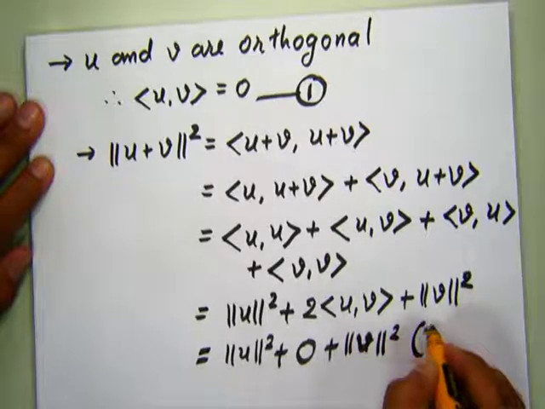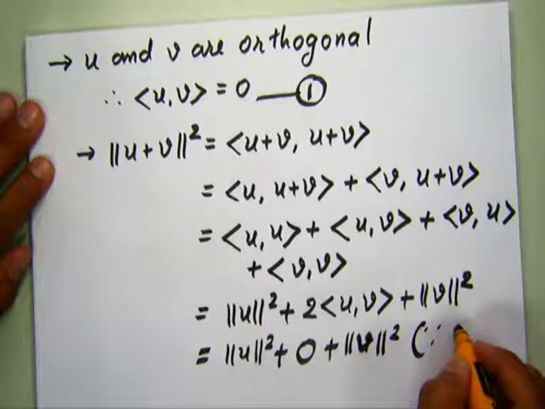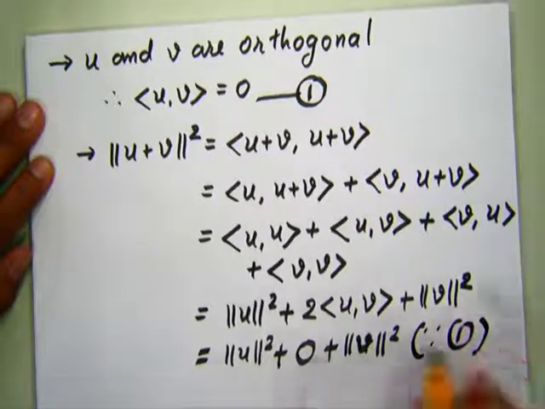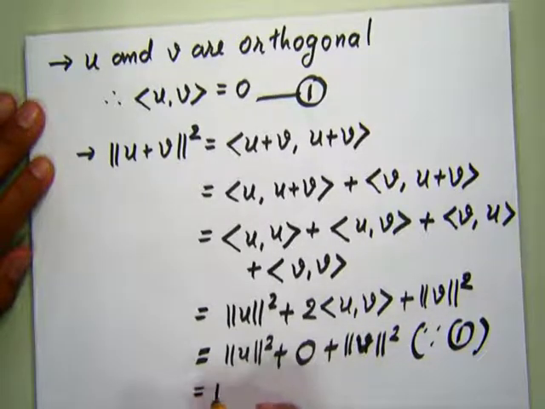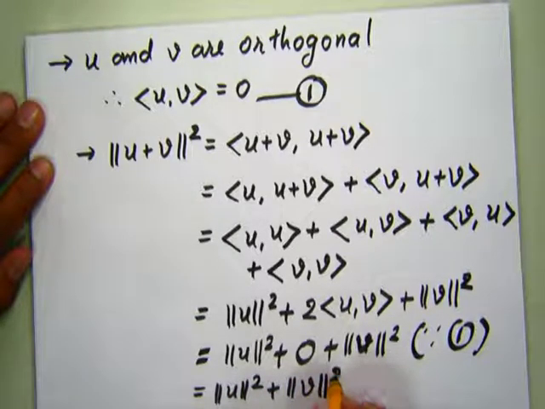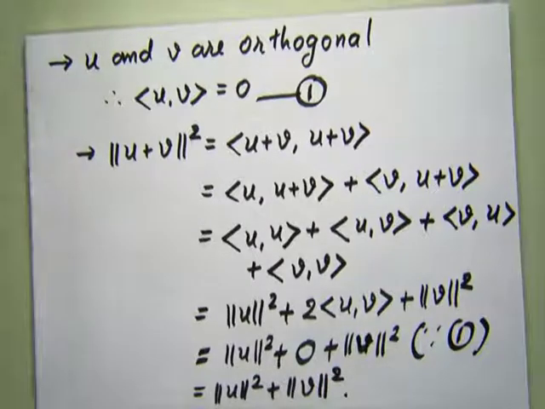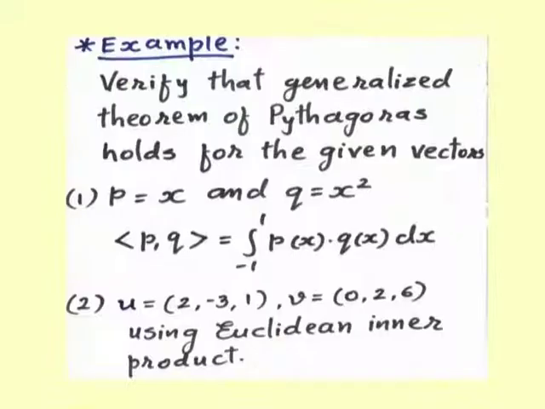So it becomes norm of U square plus norm of V square. This is the proof of the generalized theorem of Pythagoras.